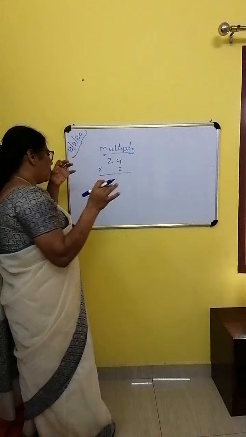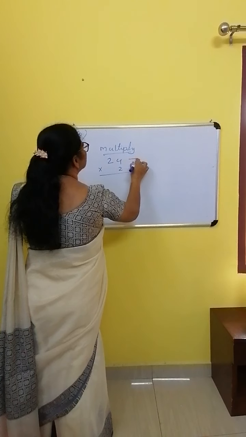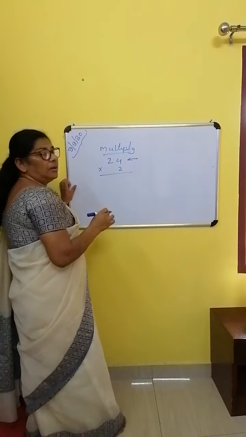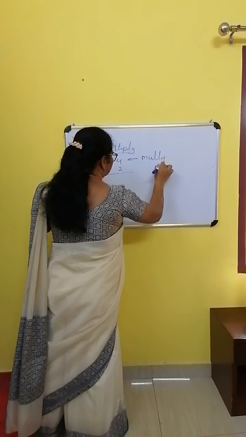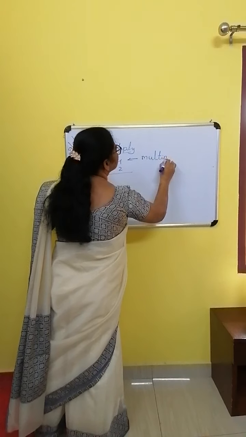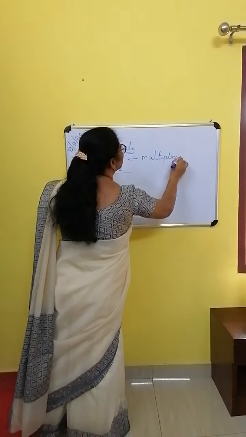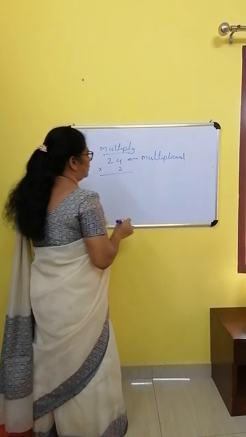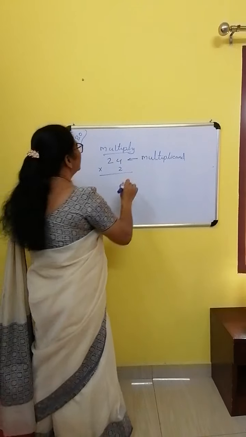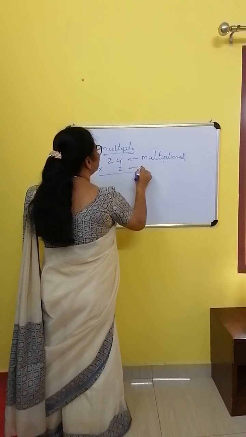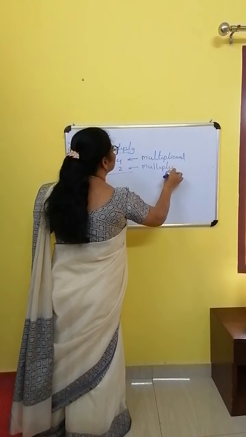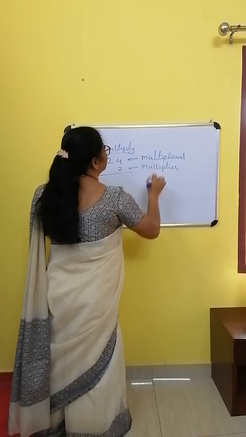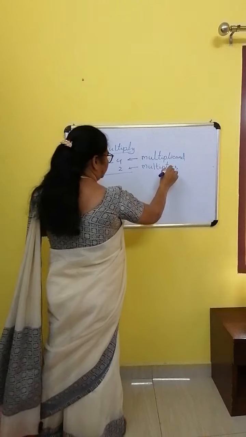Don't forget it. Okay. See, this number is called a multiplicand. Then this is called a multiplier.